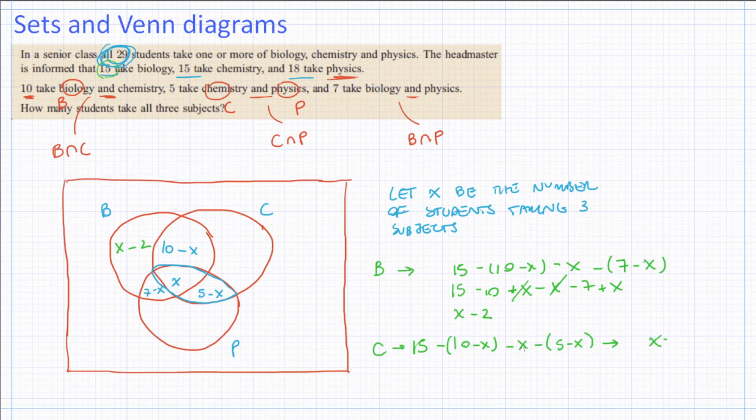Because we're going to cross 10, 5, and 15. So this is simply x. Now for physics, if we do exactly the same thing, we would have, in this case, 18 minus 10 minus x minus 5 minus, sorry, 7. And then we would get x plus 6.